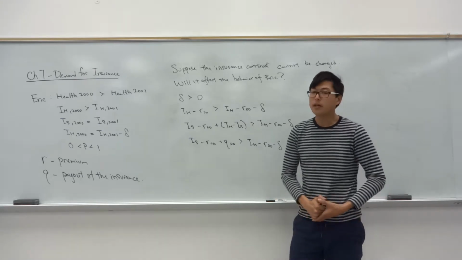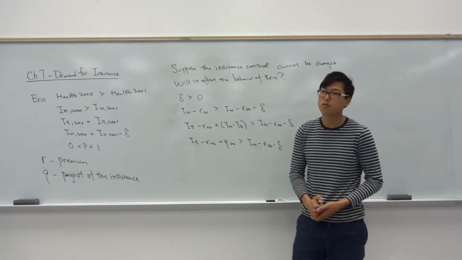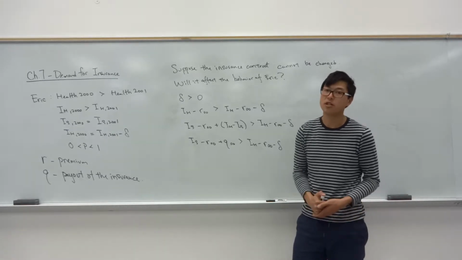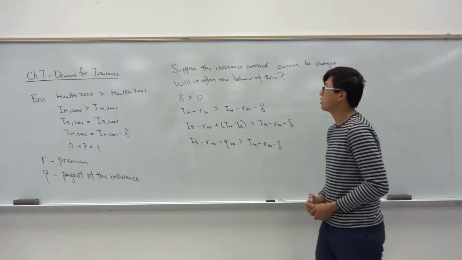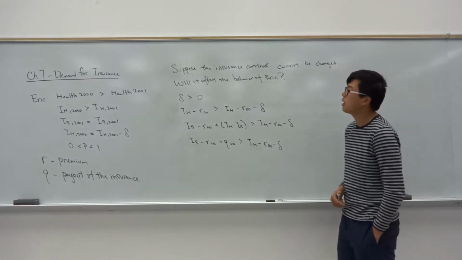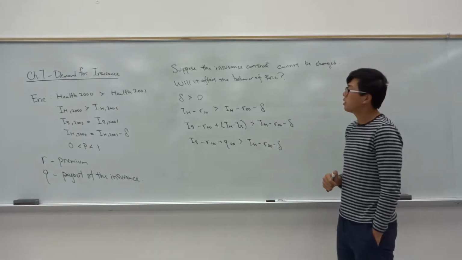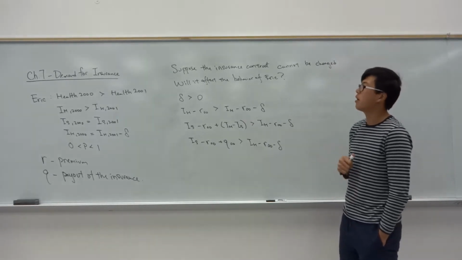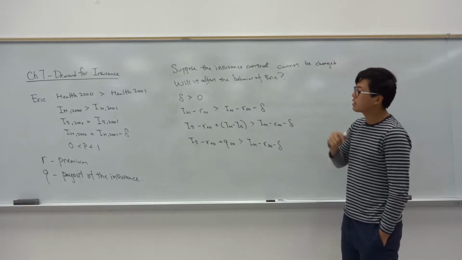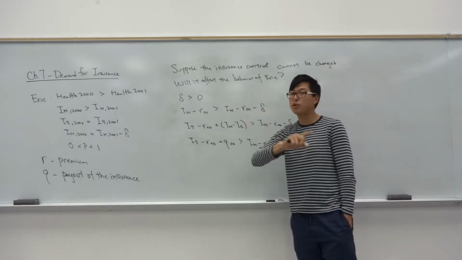Well, what if in reality some insurance policies are relatively strict and not easy to change? What if the healthy income of Eric changed, but the insurance contract cannot be changed? How is it going to affect the behavior of Eric? In this case, we can assume delta is again greater than 0, the difference between the two years.